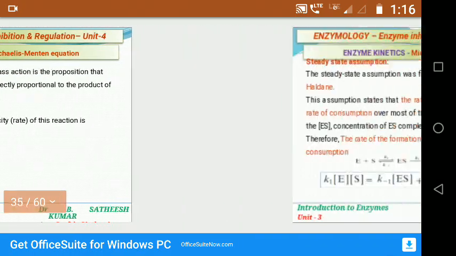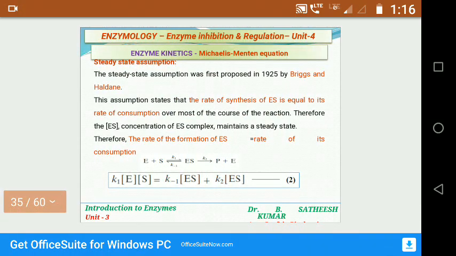And a very important thing to consider here is the steady state assumption. The steady state assumption explains that the concentration of enzyme substrate complex will be at a steady state for most part of the enzymatic reaction.